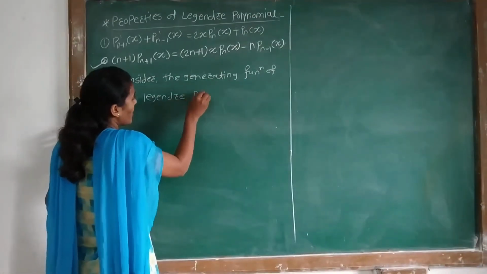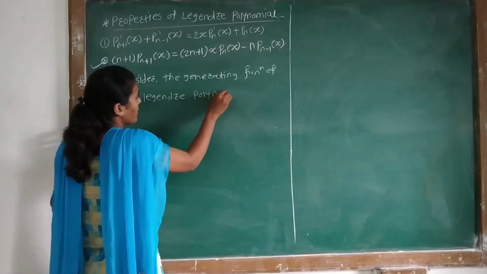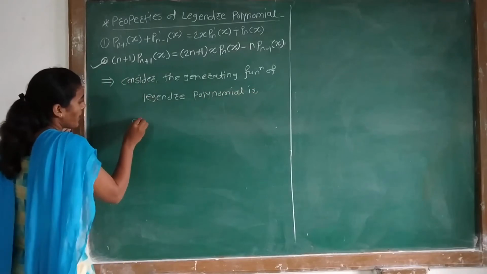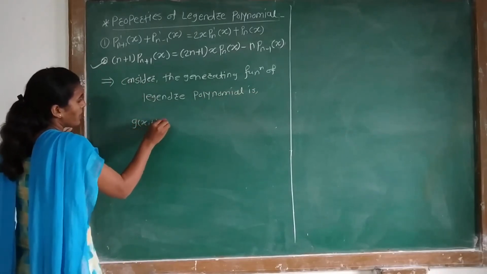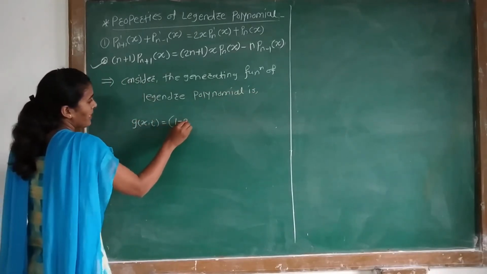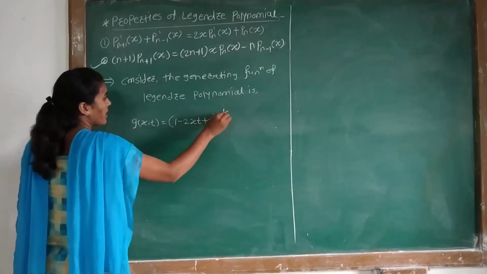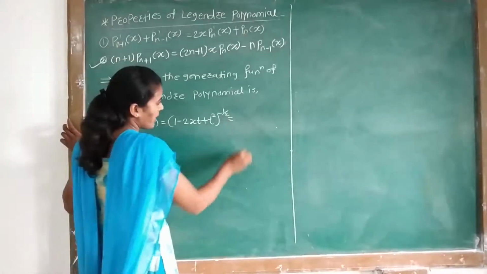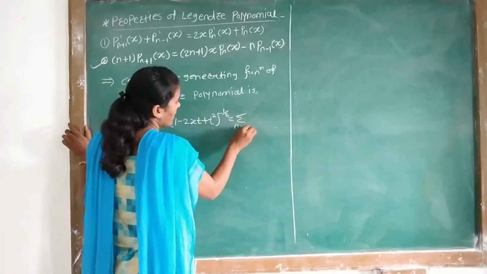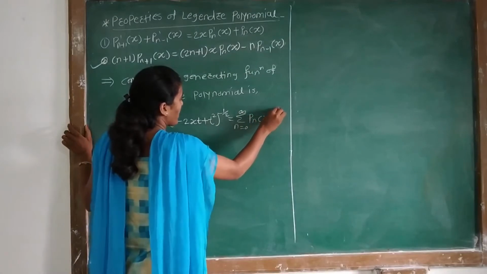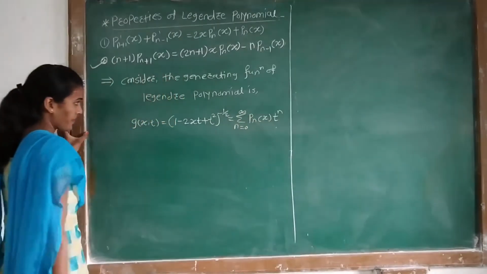The generating function is g(x,t) = (1 - 2xt + t^2)^(-1/2) = summation over n = 0 to infinity P_n(x) t^n.